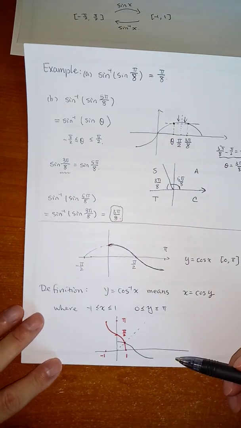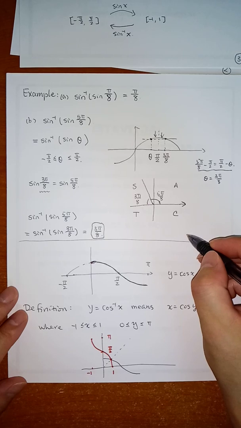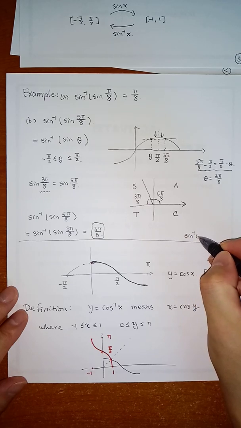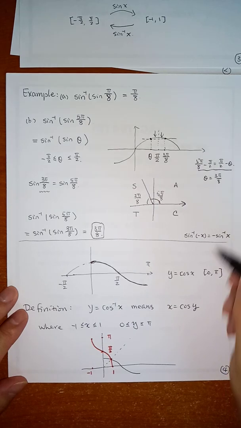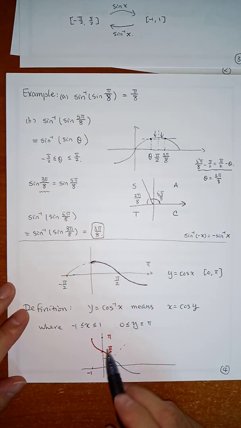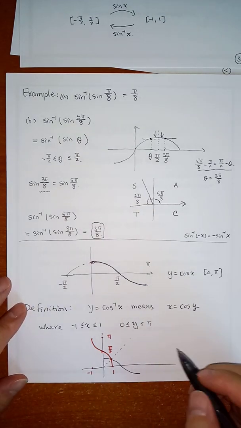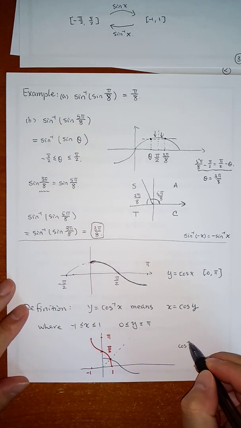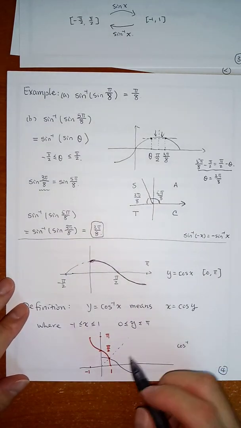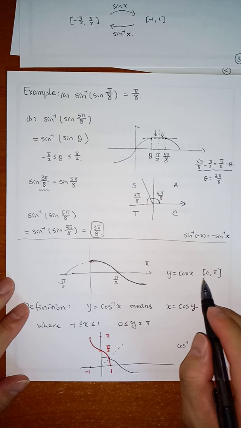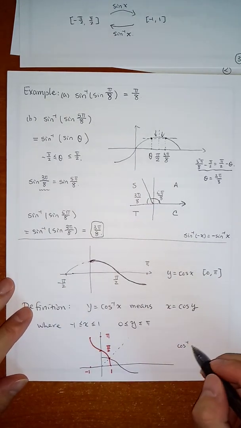It's decreasing. By the way, the sine inverse is an odd function. Cosine inverse is not odd because its domain is not symmetric. Sorry, for the domain, the cosine selection is not odd, and cosine inverse is not odd either.